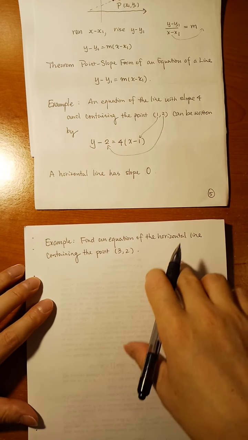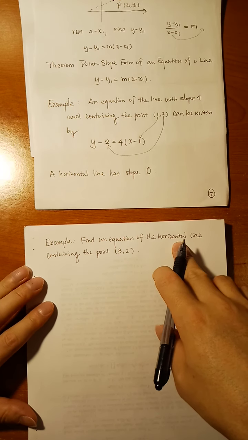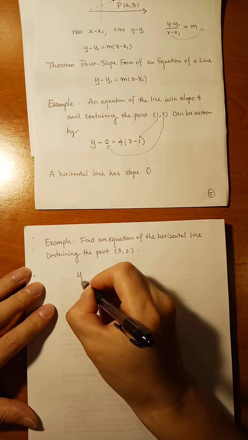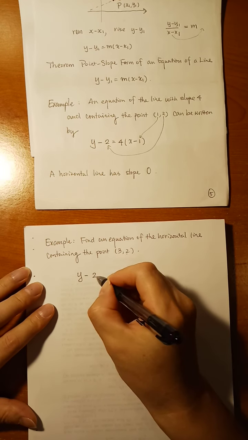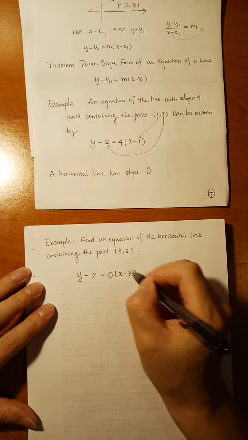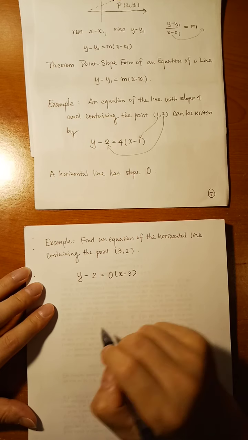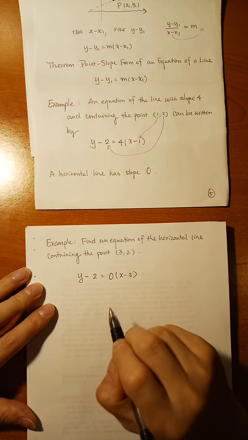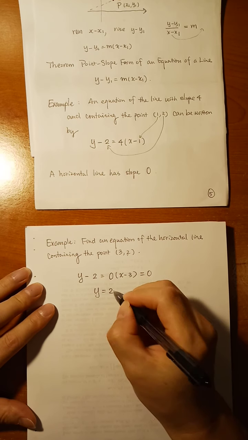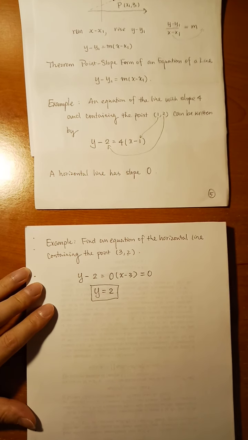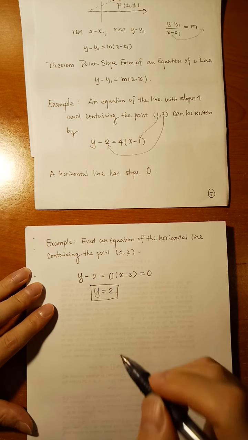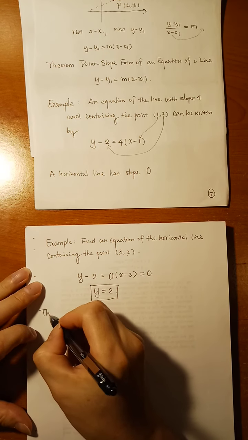It is hidden by this word horizontal. Horizontal means slope is 0. So y minus y1 is equal to 0 times x minus x1. Times 0 is 0. So you get y equal to 2.